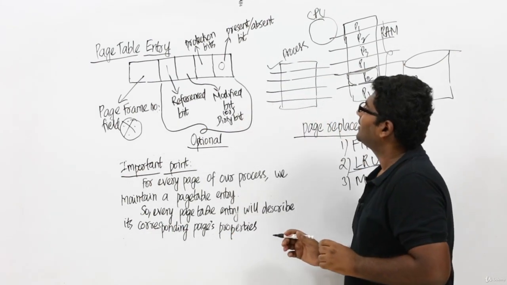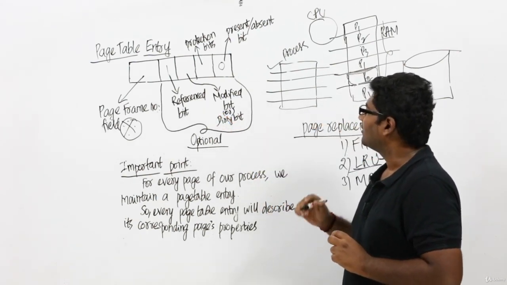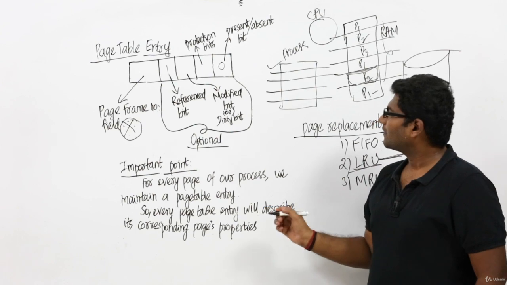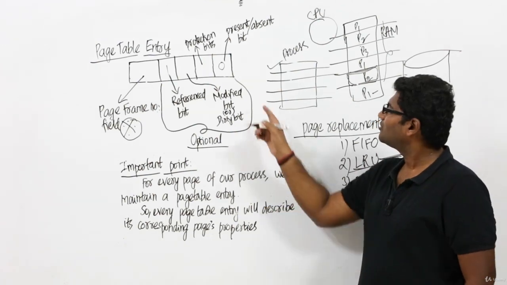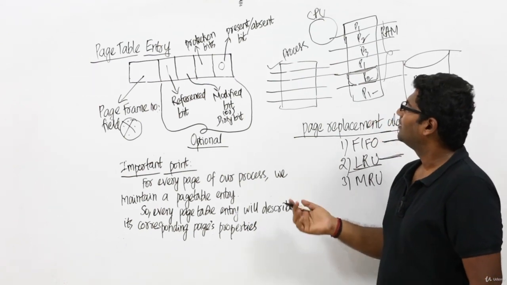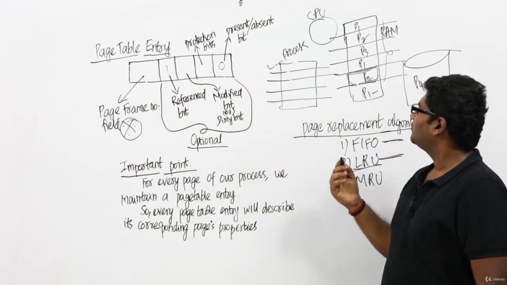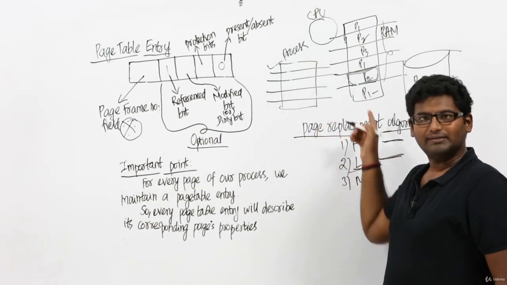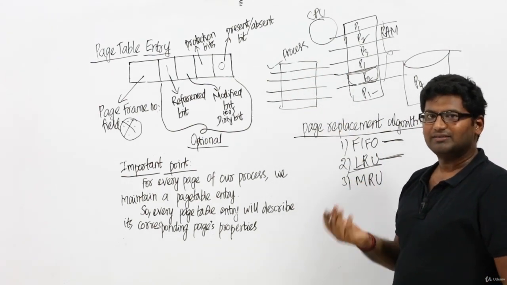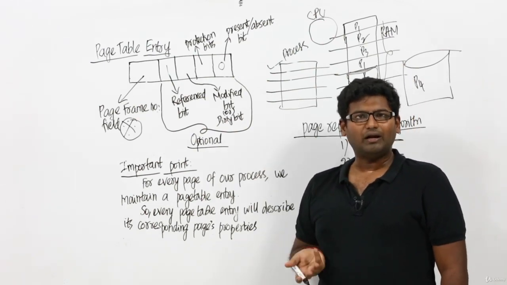Now, that is what this is going to indicate. Okay, modified bit or dirty bit. It is going to indicate whether the corresponding page to this entry has been modified or not. Okay, see, this entry is going to indicate this page, right? Now, this page has been moved from hard disk into the RAM. Now there are chances that this page can either be modified or need not be modified, right?